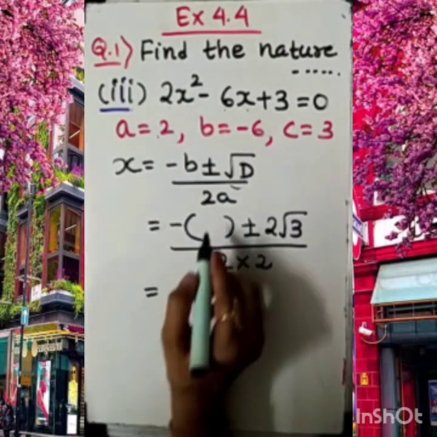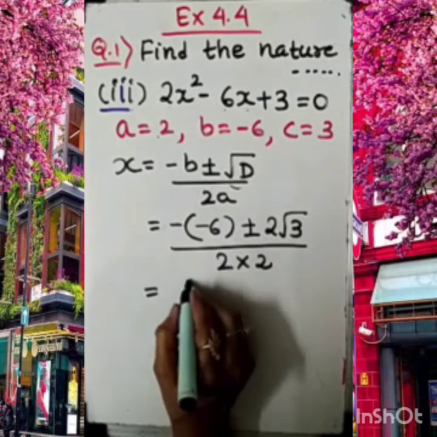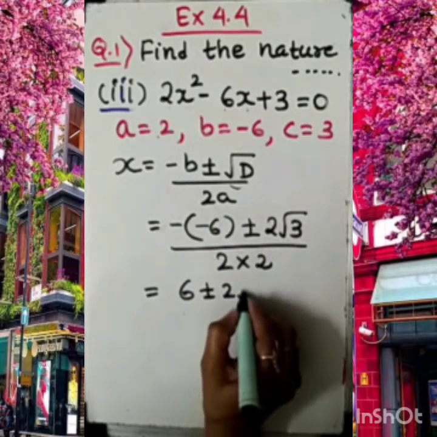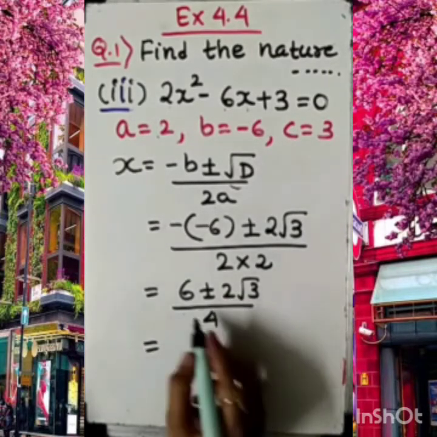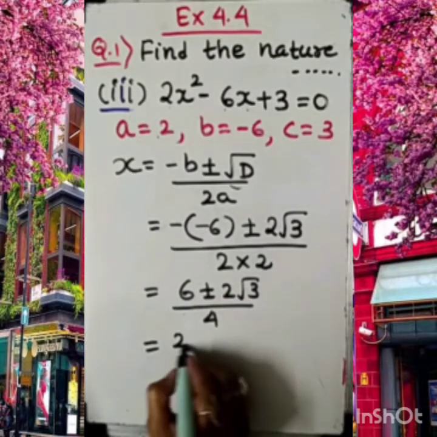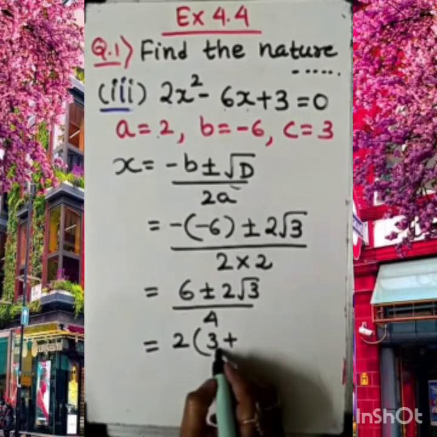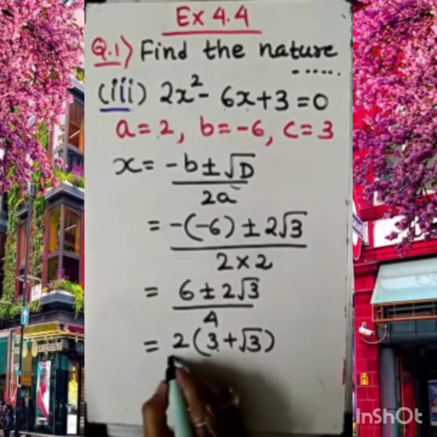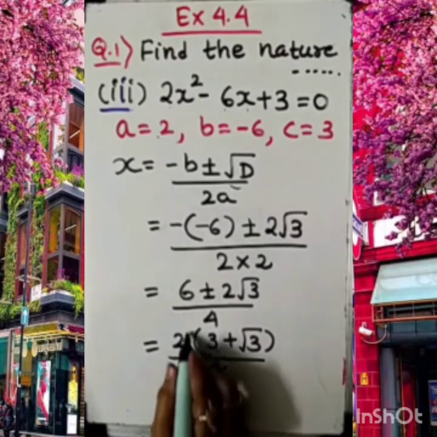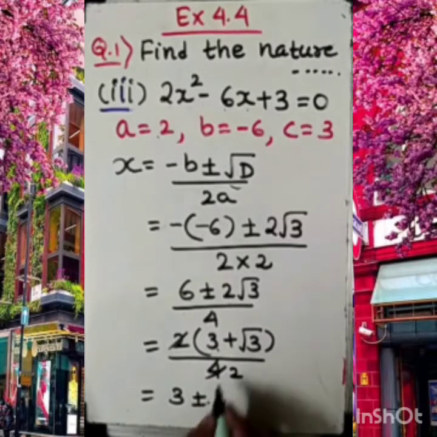So the value of minus b is 4. In the numerator, 4 plus or minus 2 root 3. If I take 2 common from the numerator, then I will have 2 upon 4 outside, and inside 2 plus or minus root 3. So it will be cancelled, giving 3 plus or minus root 3 by 2.